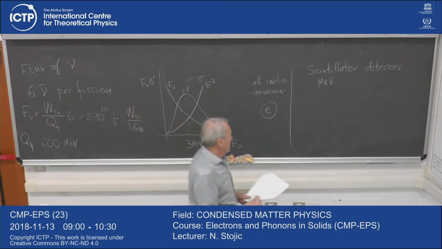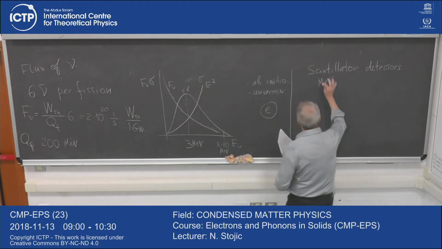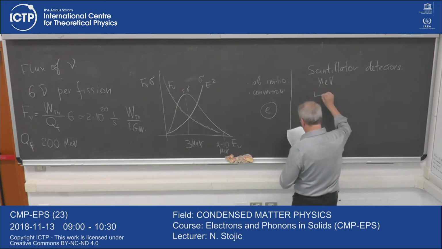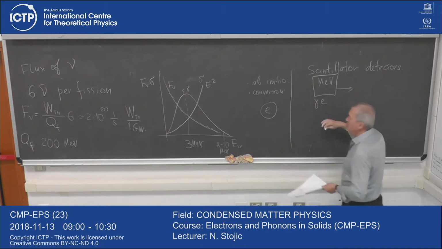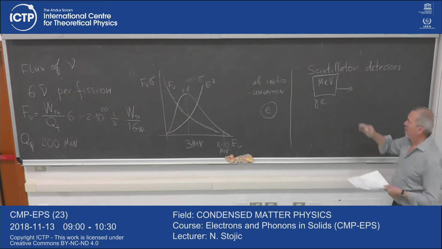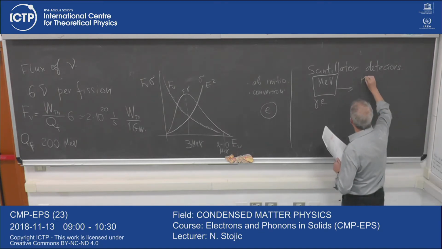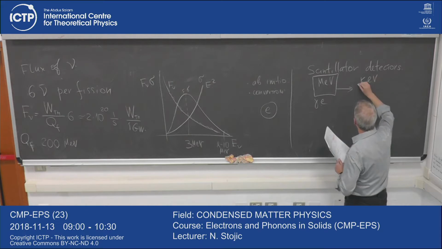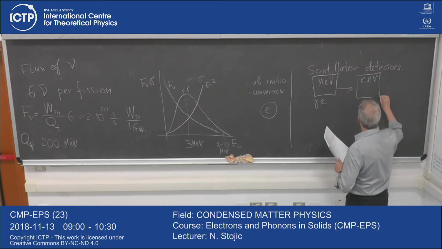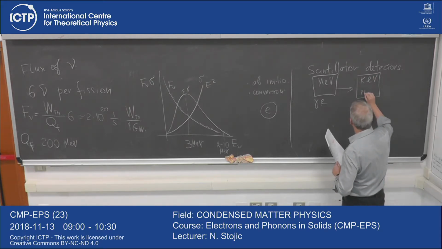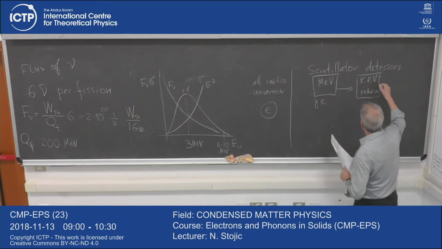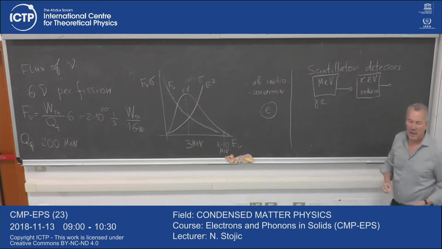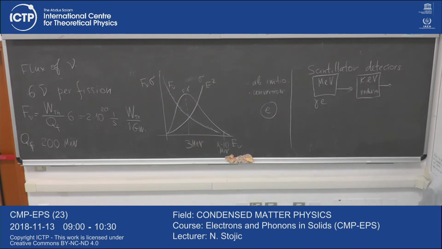One way to detect these particles, say in the MeV range, and those are gammas or electrons and positrons, is to convert them into low energy radiation, somewhere in the keV range, and detect this radiation using the photo effect.